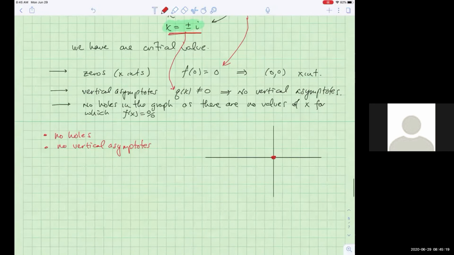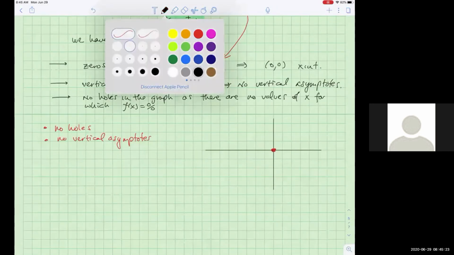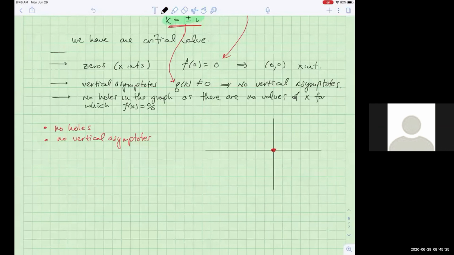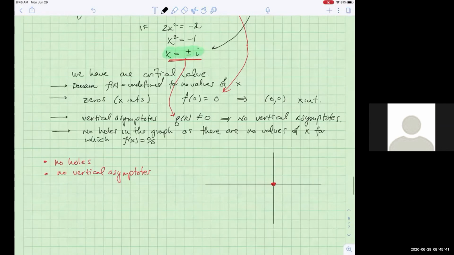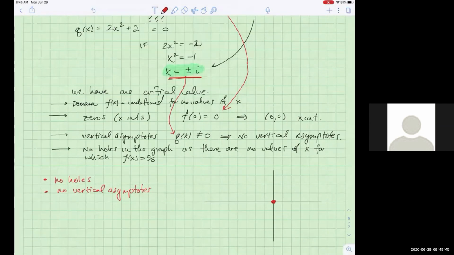The other thing that we can get from our critical values, and I should have actually done this first, was the domain. F of x is undefined for no values of x. That's also related to this result here.